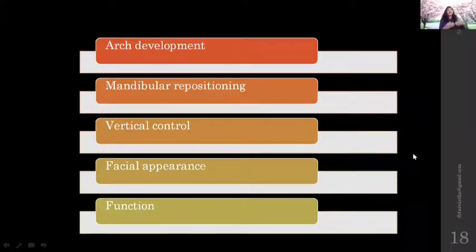Vertical control, it is pretty much obvious that when you bring the mandible forward like this, your incisal orbit is corrected by itself. So vertical control is there with this appliance, and facial appearance is going to improve immediately because when you give an appliance, the mandible is brought forward and you see a miraculous aesthetic improvement in the facial profile.